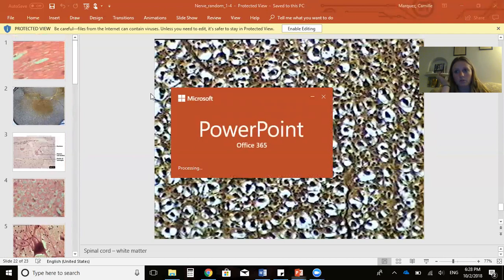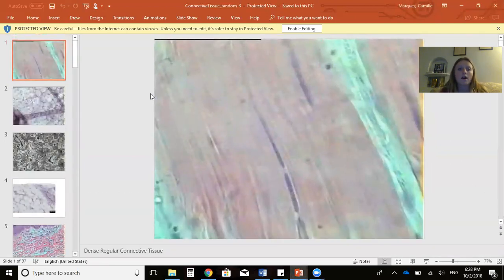Okay, so this one is with fibroblasts versus mast cells. This one I got from an adjunct, a teacher that I work for, and he talked about how your mast cells are only going to be in loose fibrous connective tissue, whereas your fibroblasts can also be in your dense fibrous connective tissue.